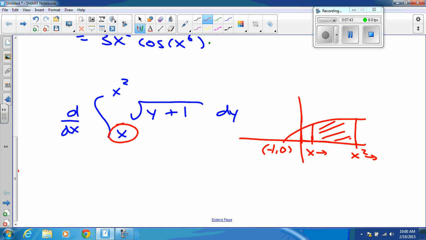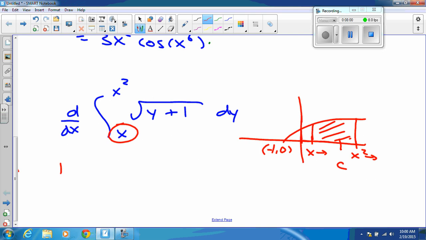Well, there's a couple of different ways that I could handle it, but I think the easiest way to visualize it is by splitting my integral at some fixed point c that lives between x and x squared.